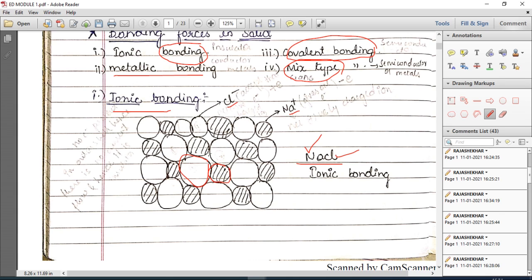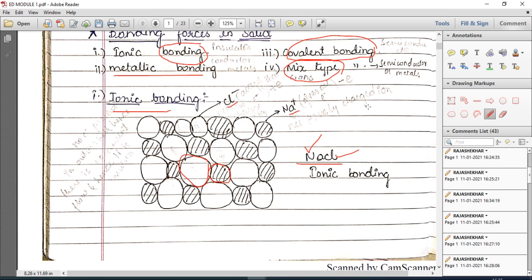So we will assume that it has 6 nearest sodium atoms for chlorine and 6 nearest chlorine atoms for sodium. This is the actual bonding of sodium and chlorine.